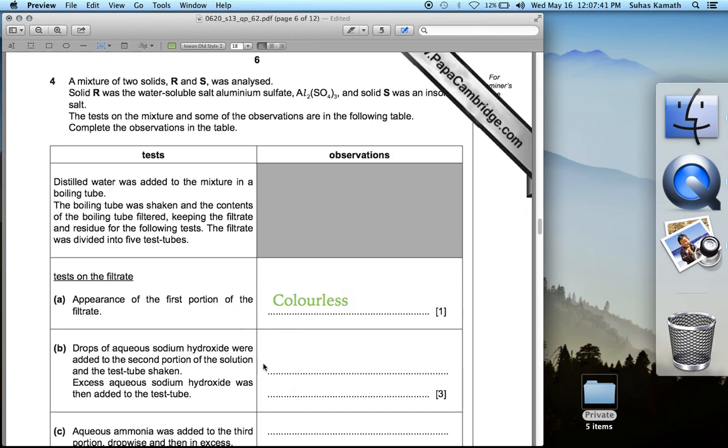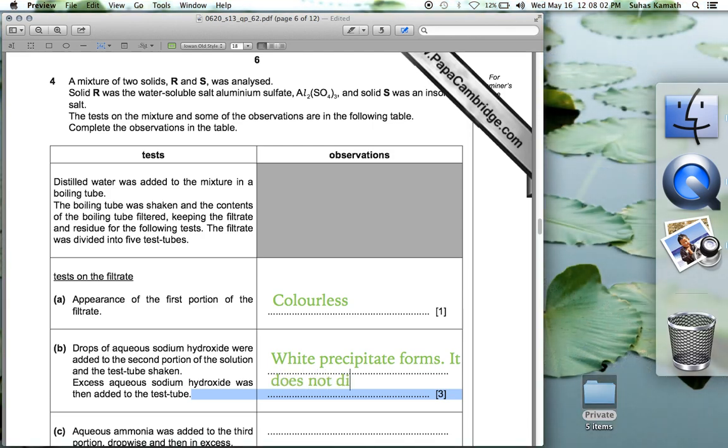So a white precipitate forms. It dissolves when an excess is added.